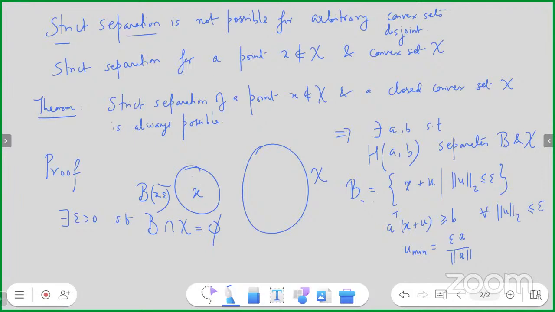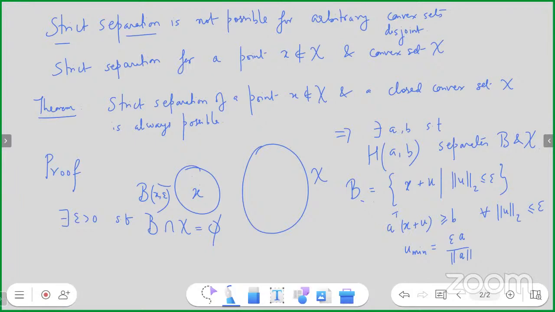How much should you push? And the resulting separation. That's all you need. A transpose chi is less than or equal to B. That was given to you by the theorem. So with B strictly less than B plus u min by B, we know that A transpose chi is strictly less than B plus u min by B.